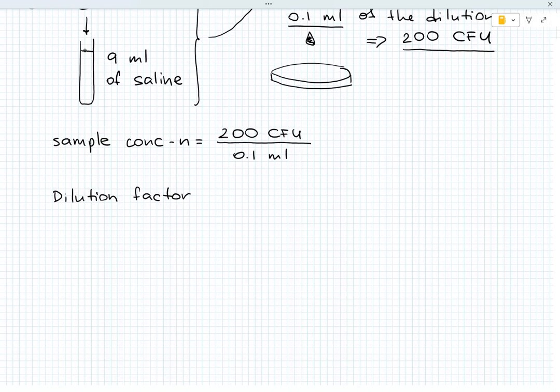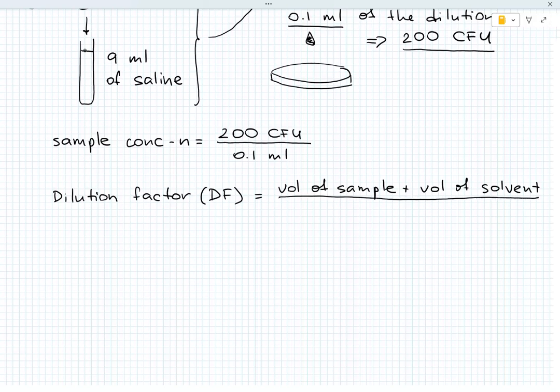My definition of a dilution factor, or DF, is that it is the ratio between the volume of sample plus volume of solvent, saline, water, whatever, divided by the volume of sample.